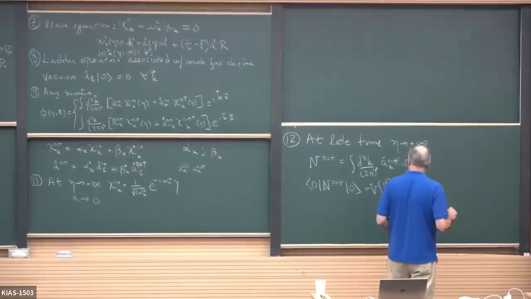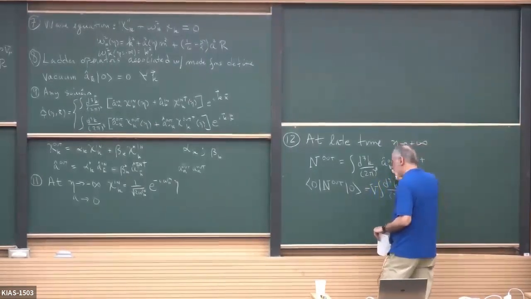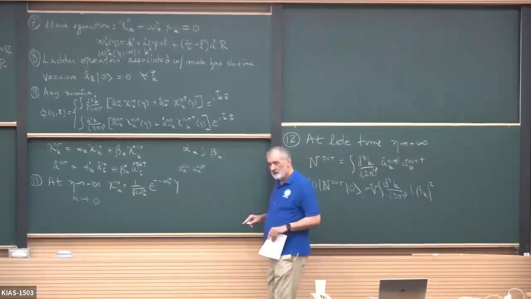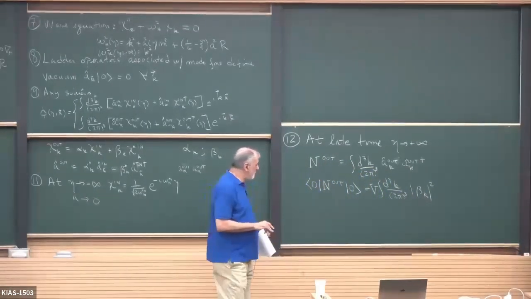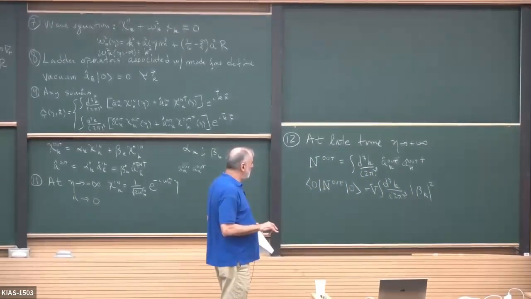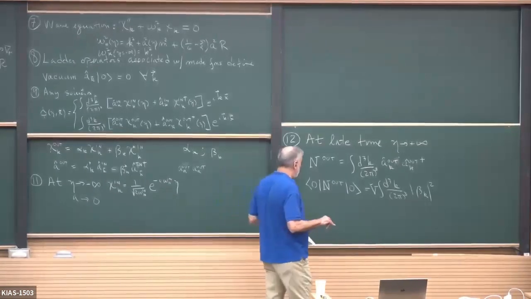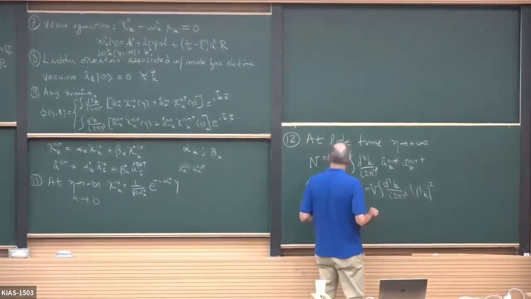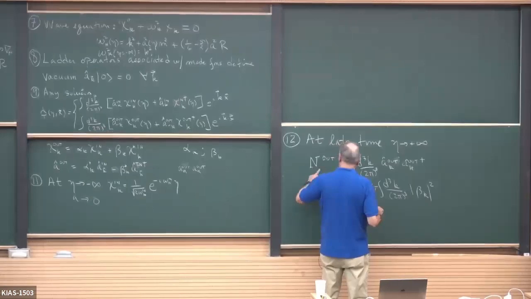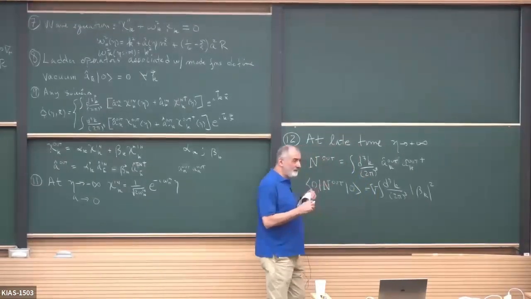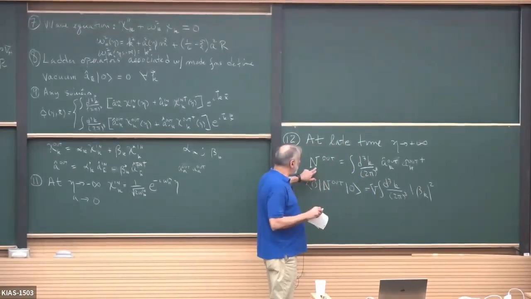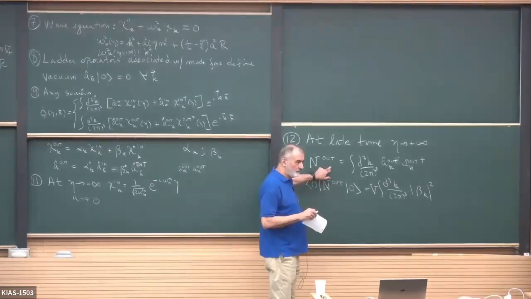The order of dagger is different. This order is different? I meant dagger. A dagger A, not A dagger. Yeah. No, that would define the vacuum. This is the number of particles.